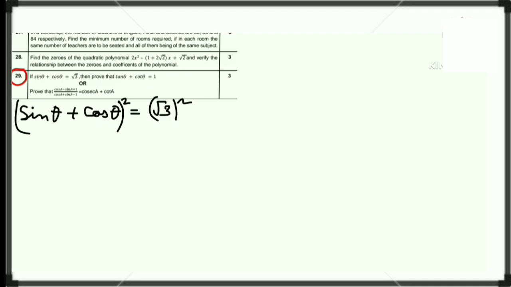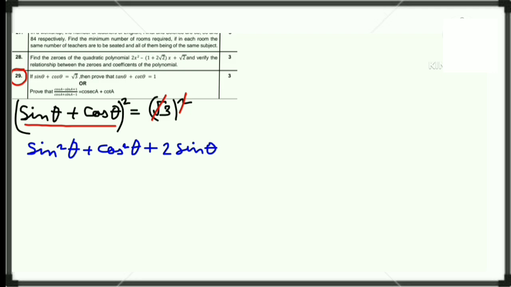and here this square and this sign of root can be cancelled out, and in LHS it is in the form of identity a plus b whole square, so it can be expanded like this: sin square theta plus cos square theta plus 2 sin theta cos theta equal to 3.